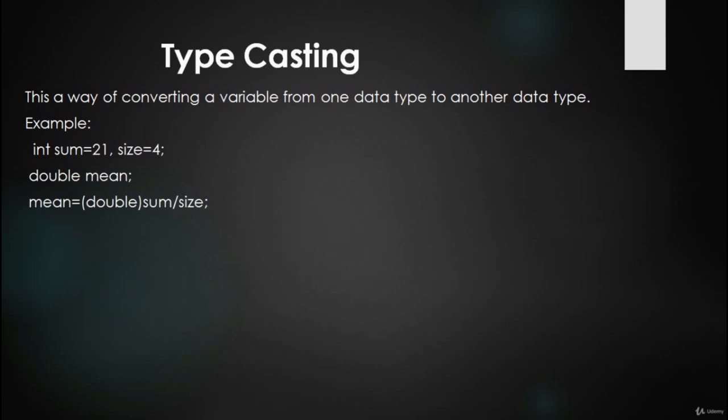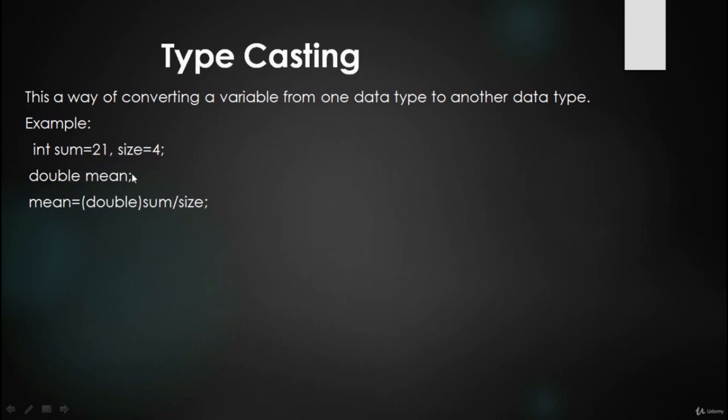Hi, in this topic we are going to learn something about typecasting. This is a way of converting a variable from one data type to another data type. For instance, when we have a class size of 4 and the sum of their marks is 21, and then we want to find the average.